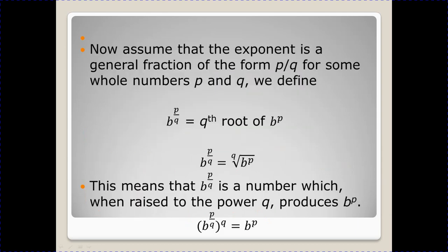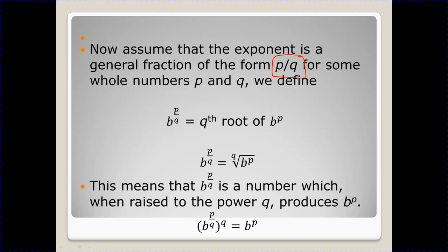Okay, let's continue. Now, assume that the exponent is not an integer. It's neither a positive integer nor a negative integer. It is a fraction, and it takes the form p over q. This is the power, the exponent, the index.